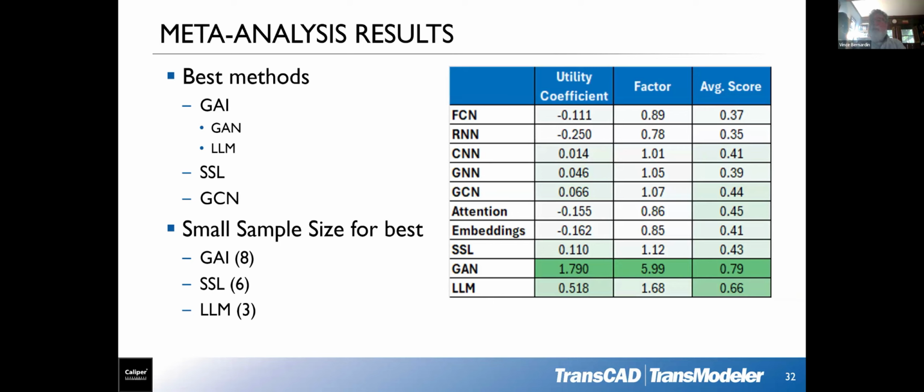The generative AI methods really did significantly outperform simpler deep learning methods, deep neural networks. Semi-supervised learning also helped, and to some degree, graph convolutional neural networks also did a little bit better.